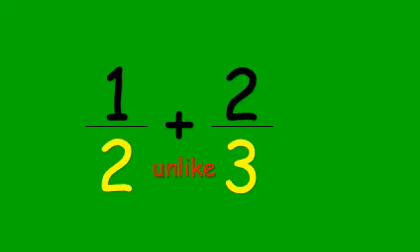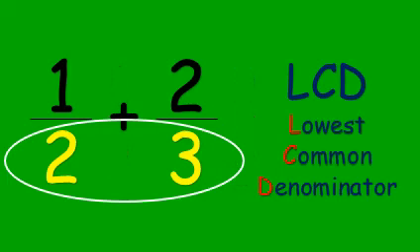Do you have any idea on what we are going to do to make them the same? To make the denominators the same, we have to find the LCD, the lowest common denominator. Do you know how to find the lowest common denominator?